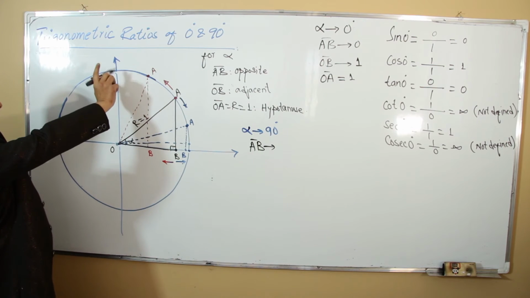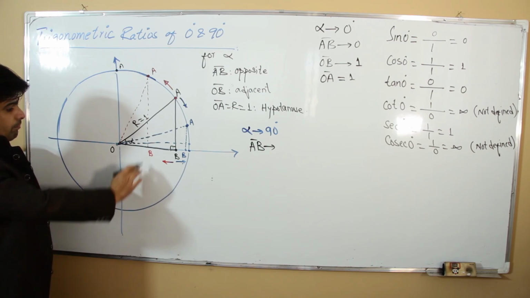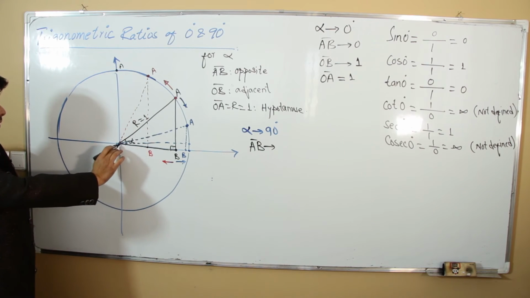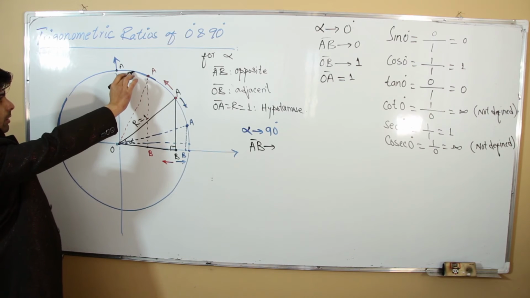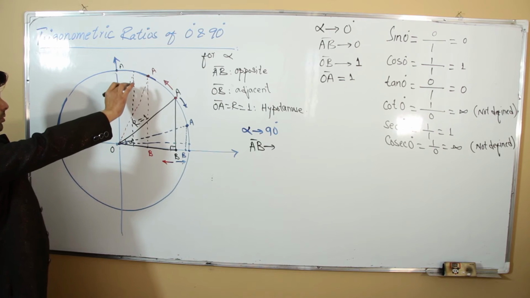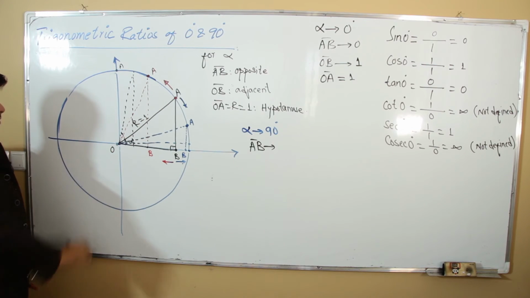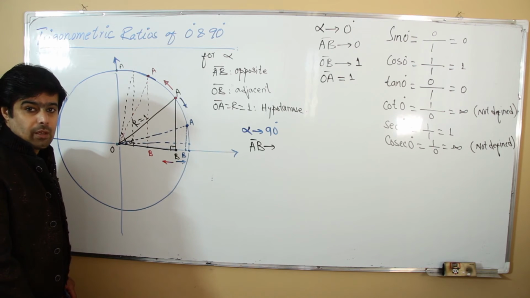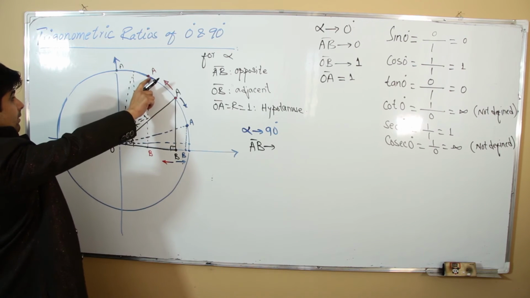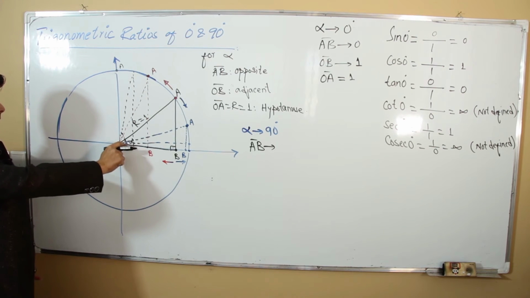If I put A in here, B moves to the origin. If A is moving to 90 degree, you know alpha is getting larger. Am I right? Yes. Now if A moves here, your angle is 90.